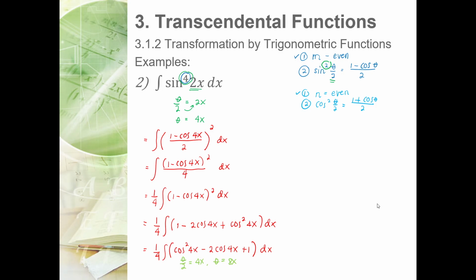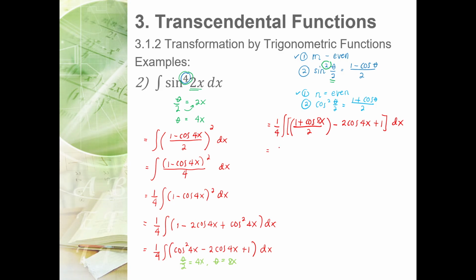So replacing your cosine squared with 1 plus cosine theta over 2, you have 1/4 times the integral of, the first term is 1 plus cosine 8x all over 2, minus 2 cosine 4x plus 1 dx.